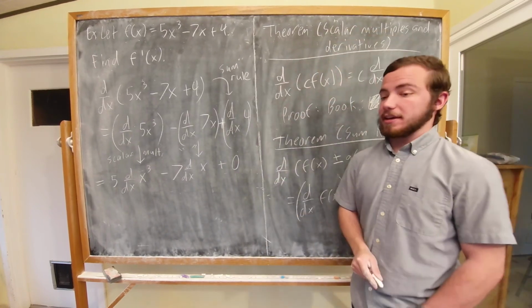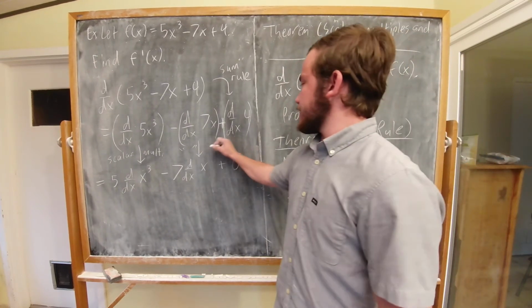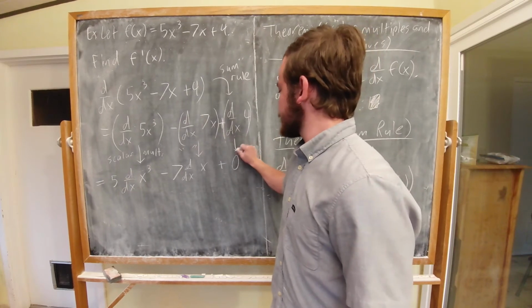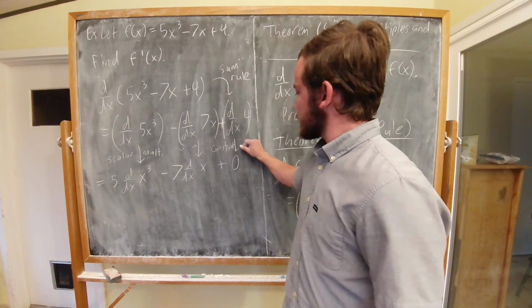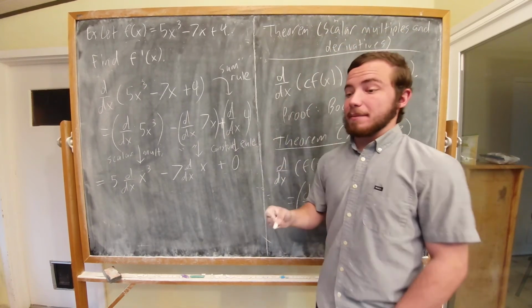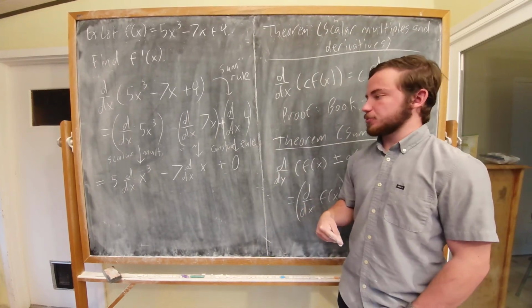So that's just plus 0. And this is by the constant rule. I recognize that that might be hard to read, but it is written.